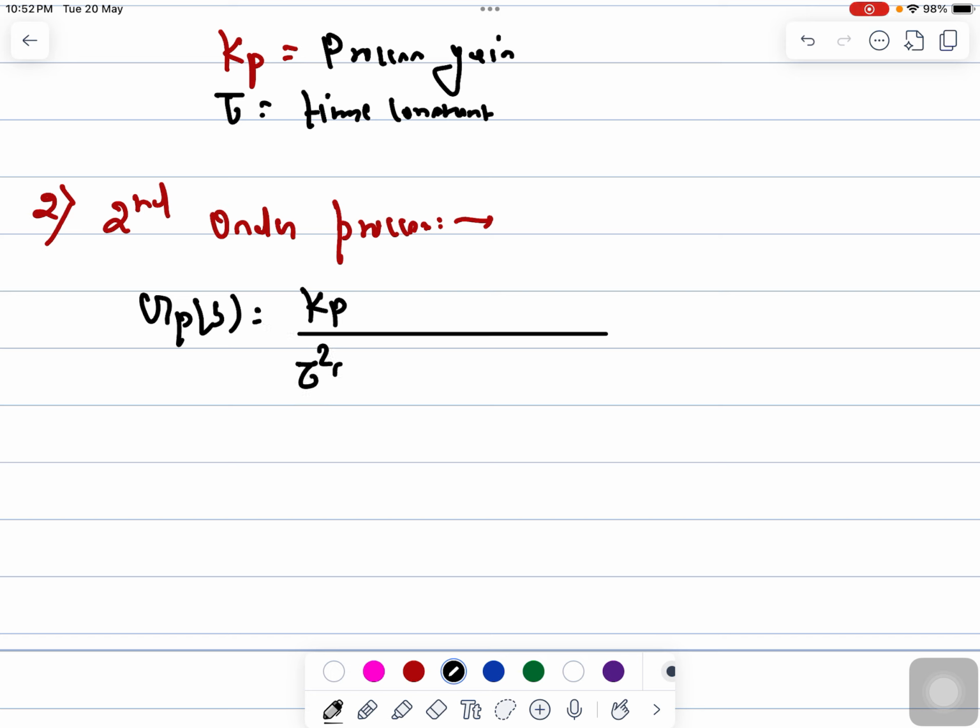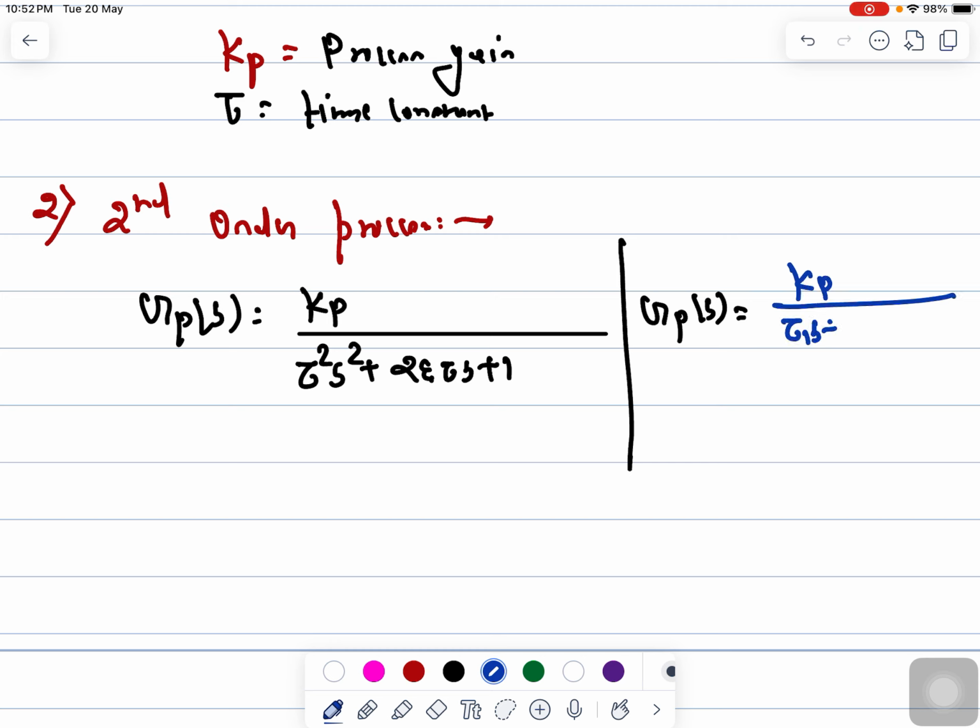All of these things I'll let you know. And another way, G(s) can be written as Kp divided by tau 1 s plus 1 into tau 2 s plus 1.